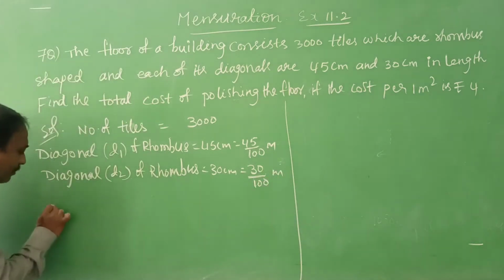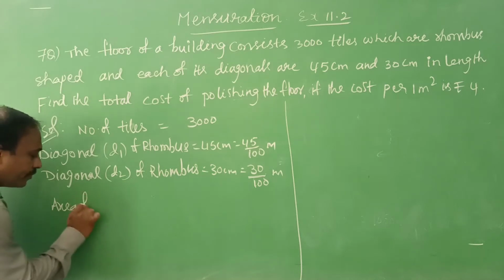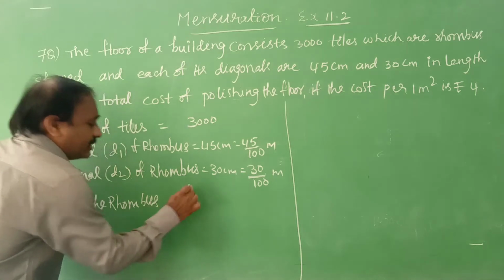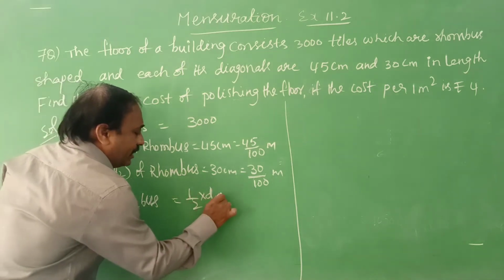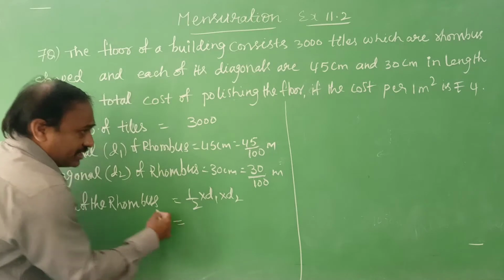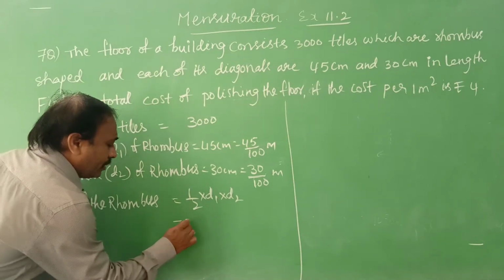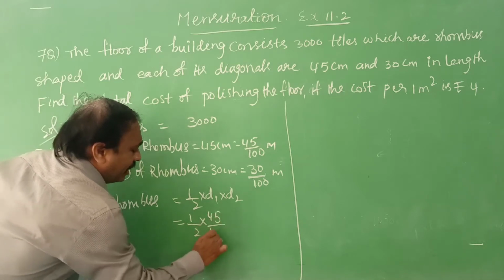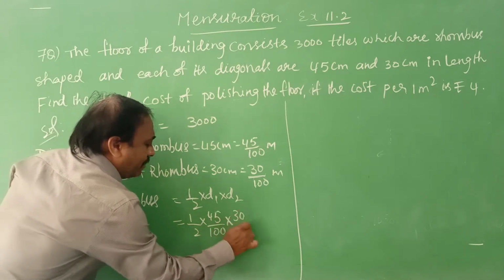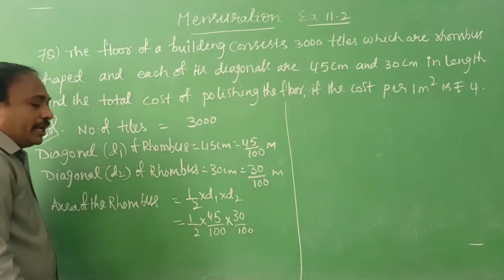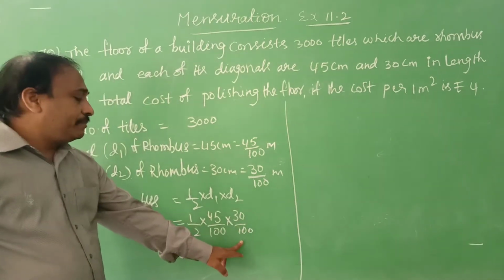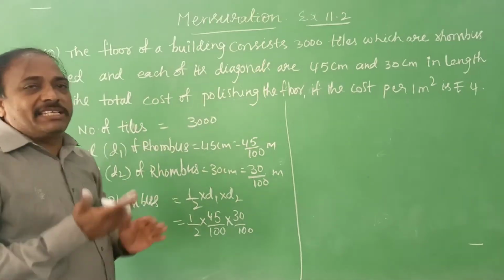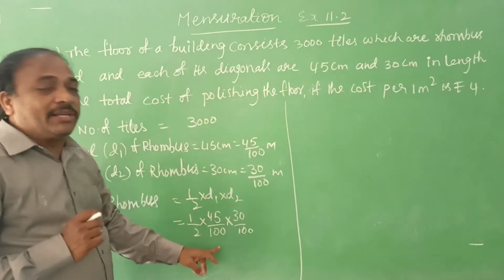Now area of the rhombus. We know it is half into D1 into D2, which is equal to 1 by 2 into 45 by 100 into 30 by 100. I am not simplifying with the 100, as the number of tiles is 3000, so it will be easy when you multiply with 3000 and the zeros will get cancelled.